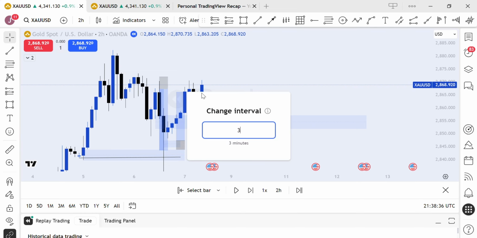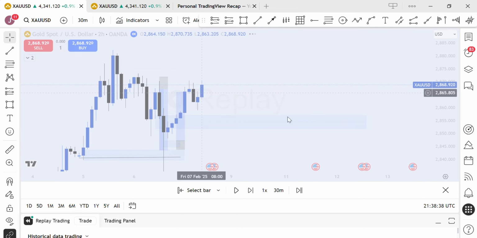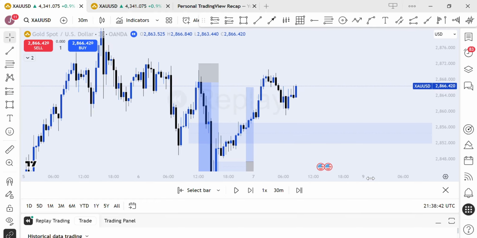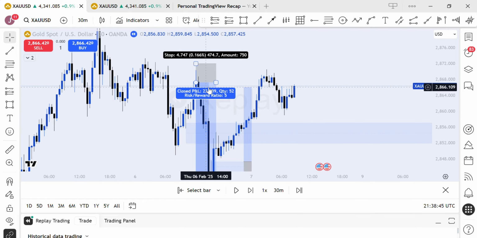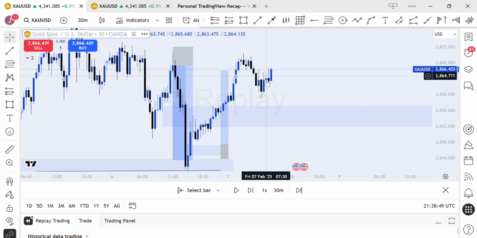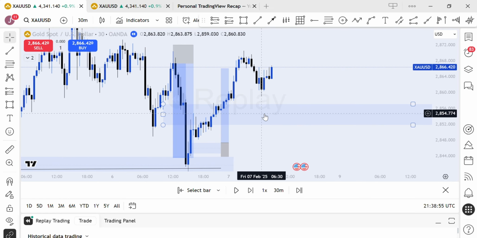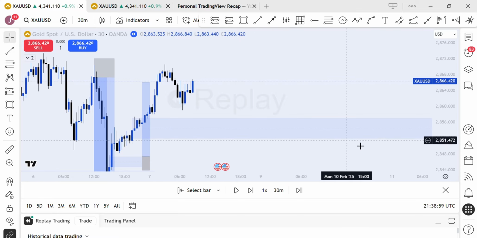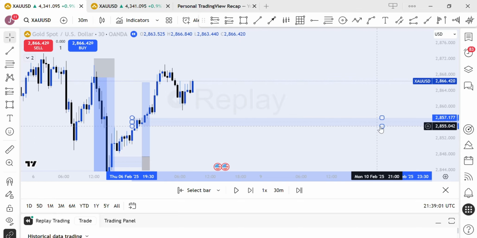Okay, so it is much clearer on the lower time frame. Let me see the 30 minutes. Okay, so break, pullback, inducement, then our other block. Now we could refine this block to this one right here.